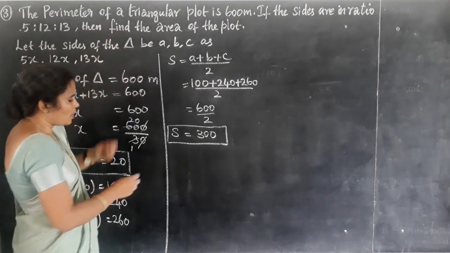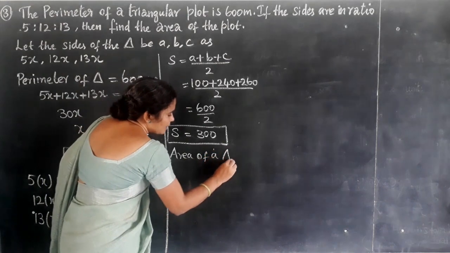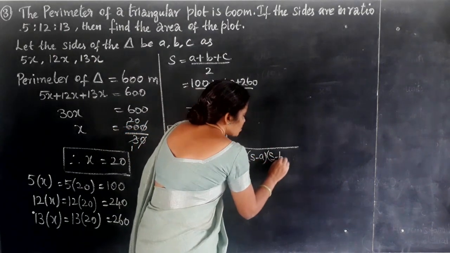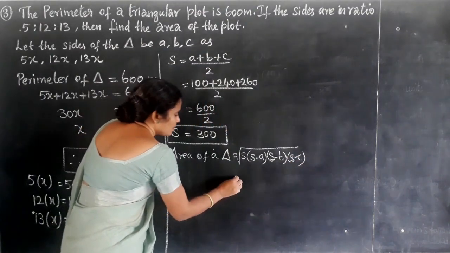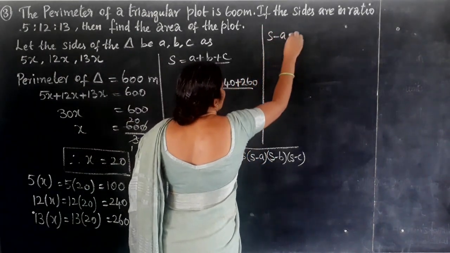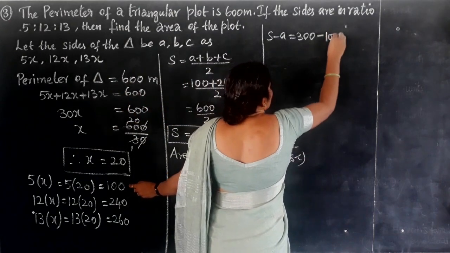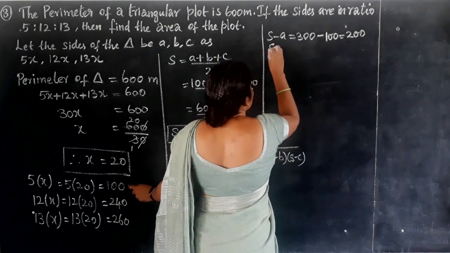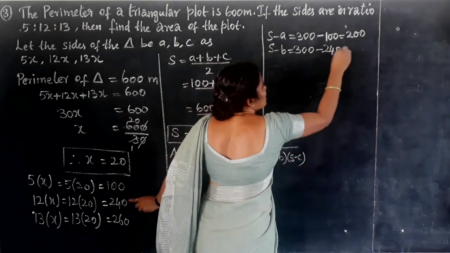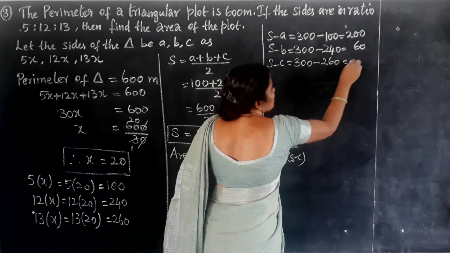Now to find the area of the plot using Heron's formula, the area of the triangle is equal to the square root of S into S minus A, S minus B, S minus C. Let us find S minus A: 300 minus 100 is equal to 200, S minus B is 300 minus 240 is equal to 60, and S minus C is 300 minus 260 is equal to 40.